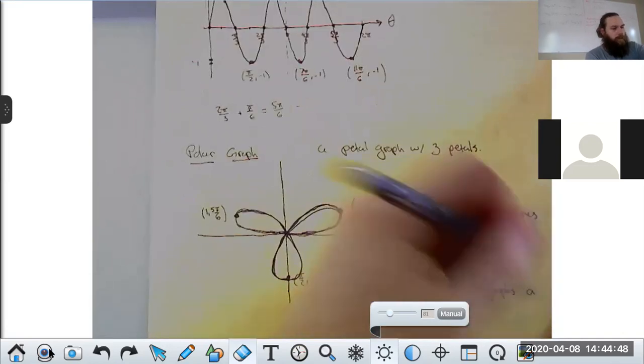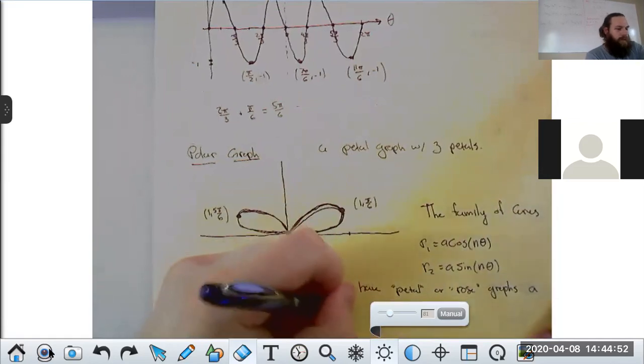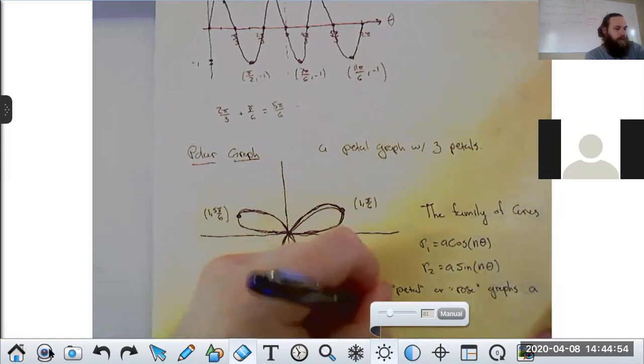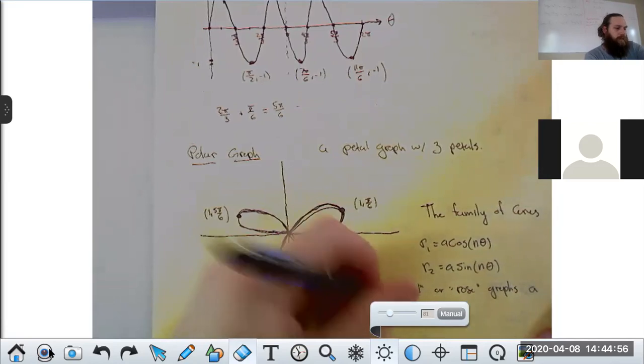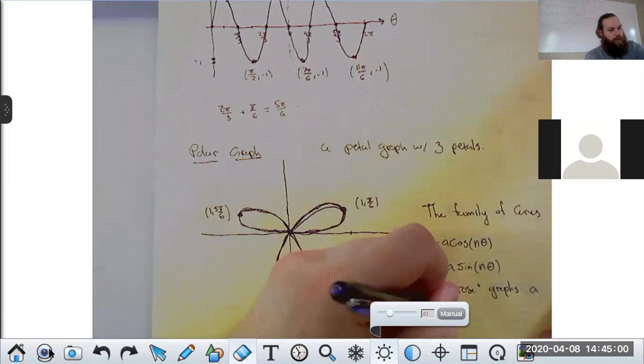You could call A the amplitude or max radius. And the number of petals follows this rule.